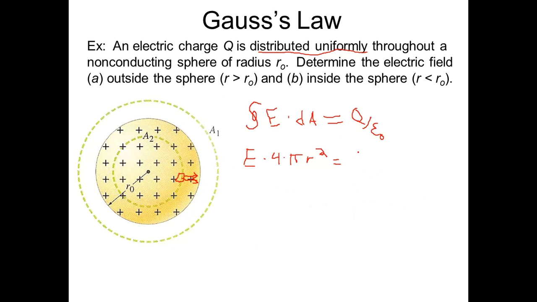So I'm going to go ahead and put Q here over epsilon naught, but I have to do a ratio of the volumes. The ratio of the volumes is going to be the volume of my Gaussian pillbox to the volume of my whole thing. Well, the whole thing is actually, you guys tell me, how do you find the volume of a sphere? 4/3 pi r cubed.